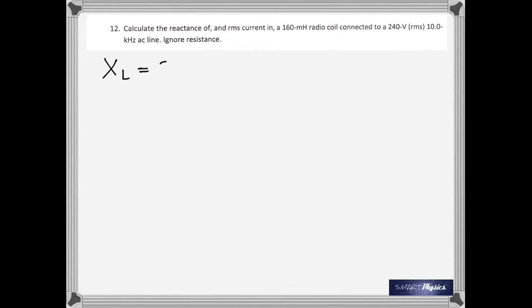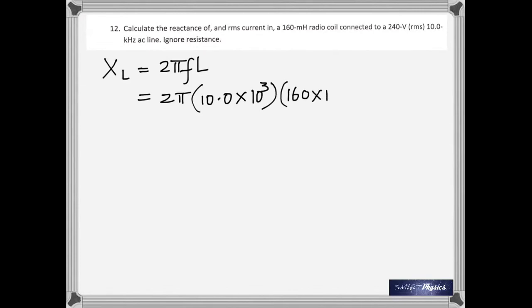Inductive reactance is given by 2 pi times the frequency times the inductance. Frequency is 10 kilohertz, that is 10 times 10 to the power 3, and inductance is 160 millihenry, that's why it's 10 to the negative 3, and you get this as the answer, approximately 10 kilo ohm.